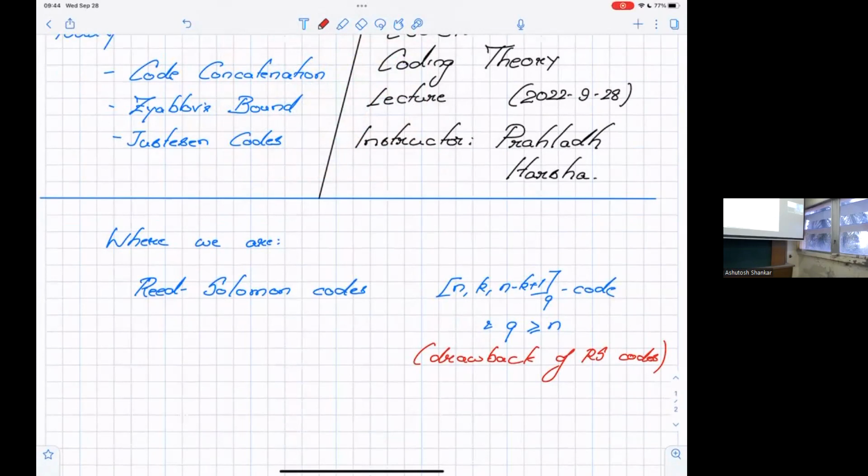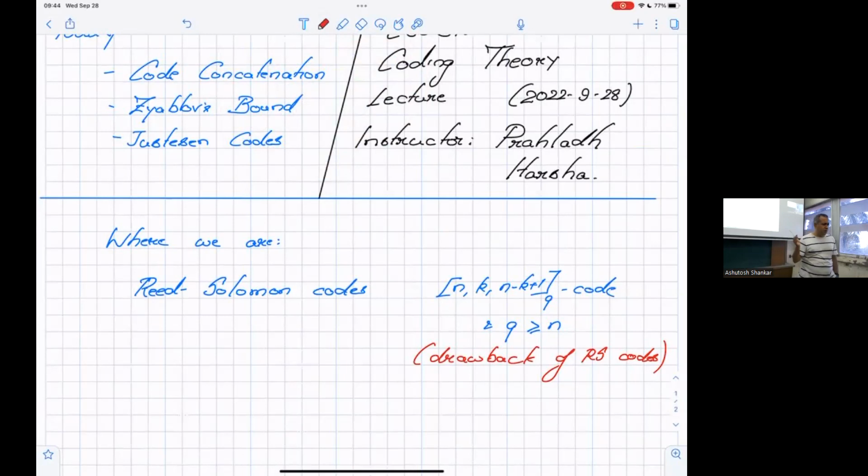You have an efficient, extremely nice algorithm that you can do. You can uniquely decode up to exactly half the minimum distance. But the main disadvantage of the Reed-Solomon code is that the alphabet needs to grow. It's not the binary alphabet; it's actually a growing alphabet. The larger block lengths you need, the alphabet has to be at least n.